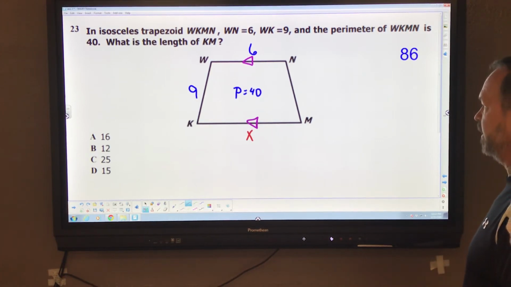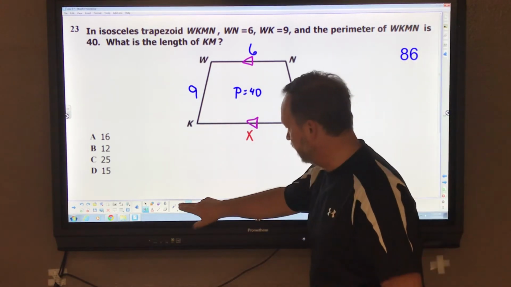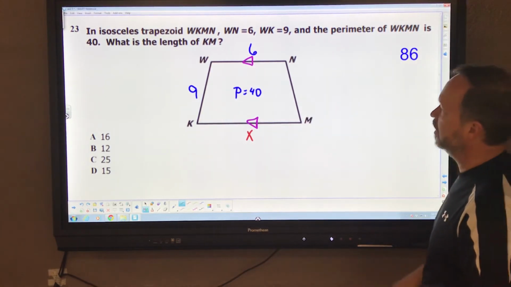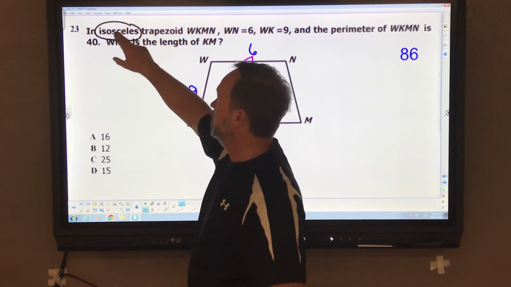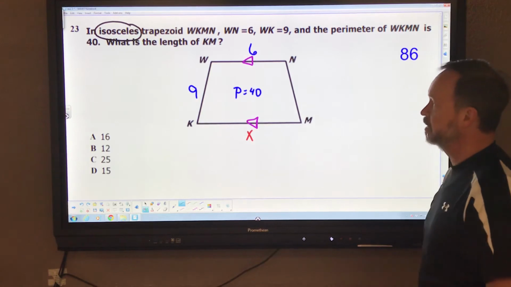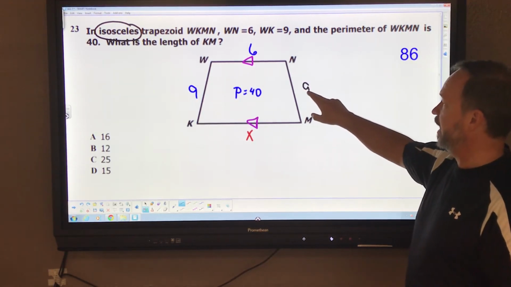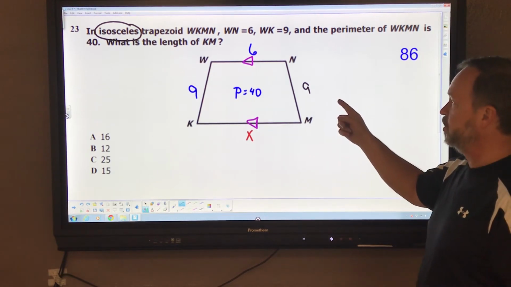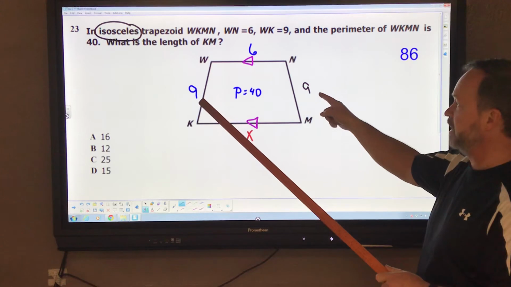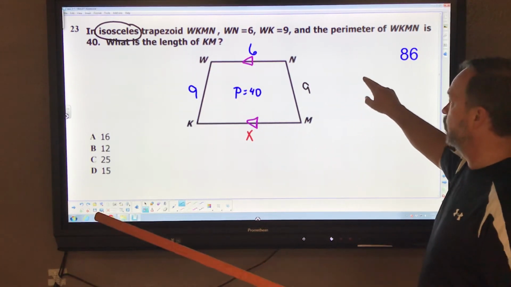Well, let me go back and say one more thing. I said what a trapezoid was, but I did not deal with the isosceles piece. If it's an isosceles trapezoid, that means the two legs are the same. So if that one's 9, this one's 9. So you can see total I've got 18 plus 6 is 24.